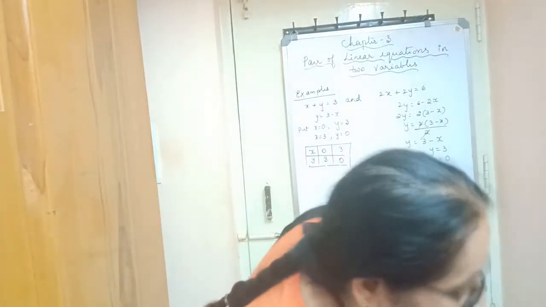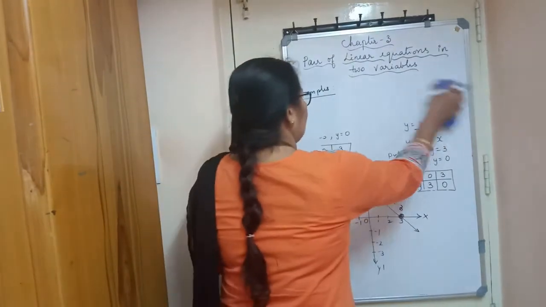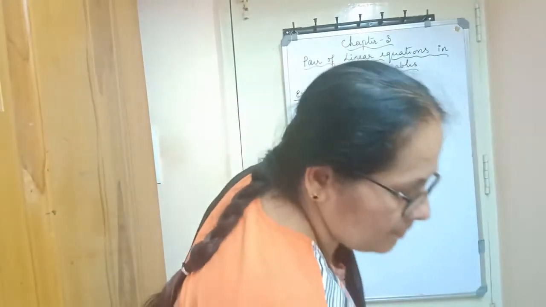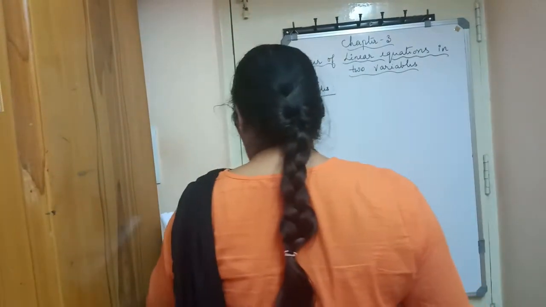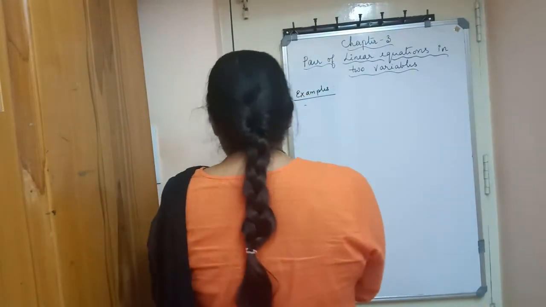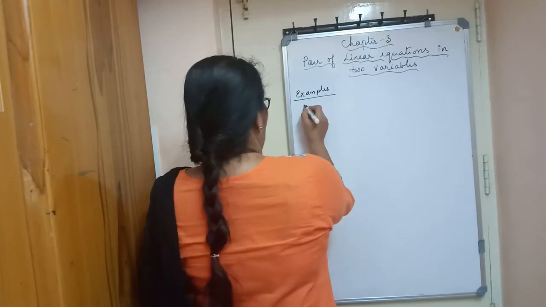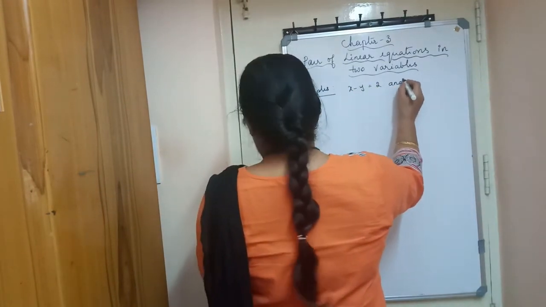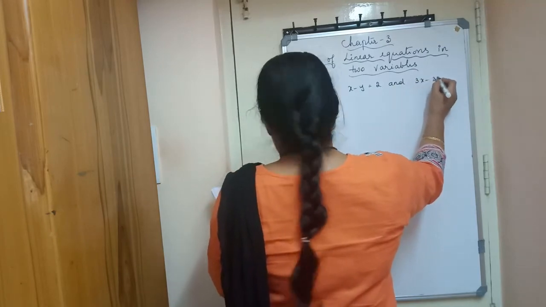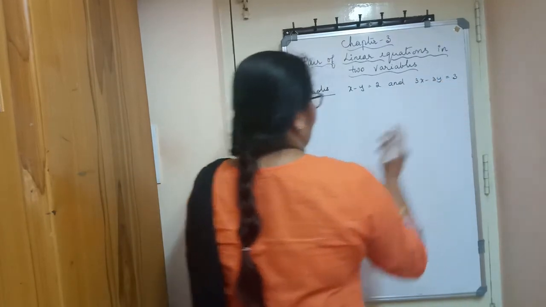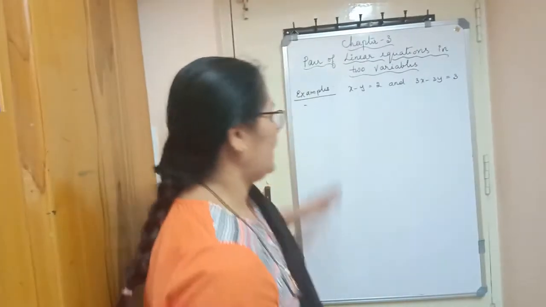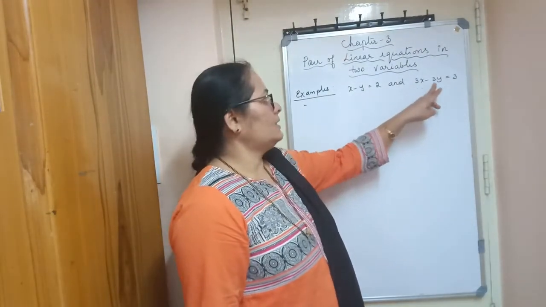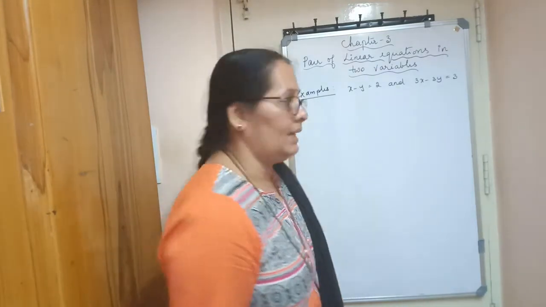Now, one more example. This is the third example: x minus y equals 2 and 3x minus 3y equals 3.